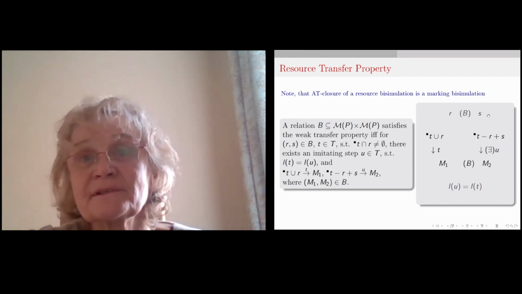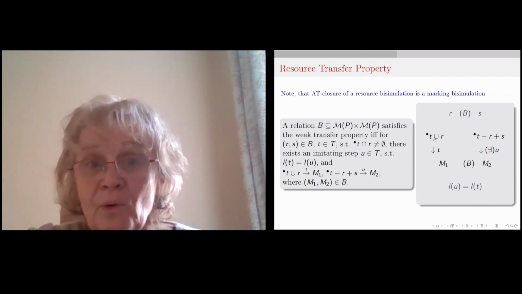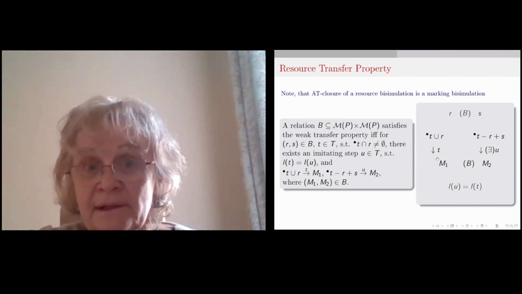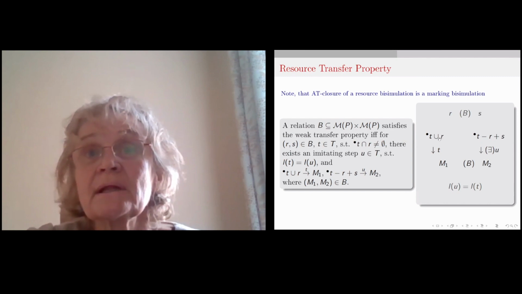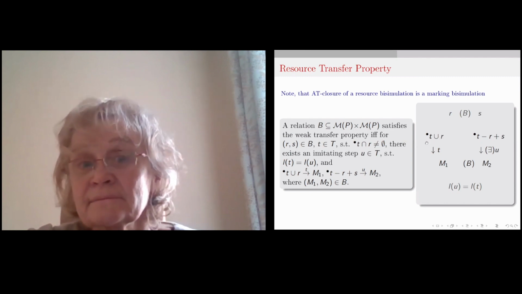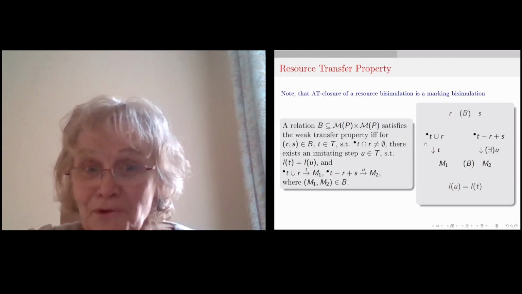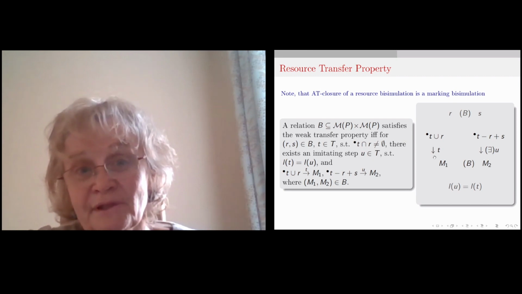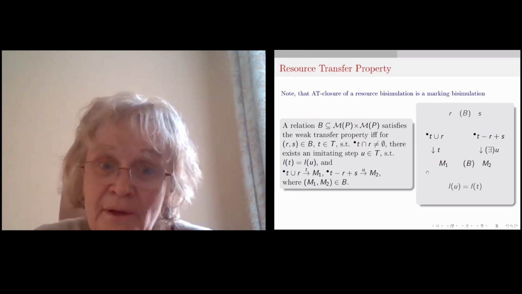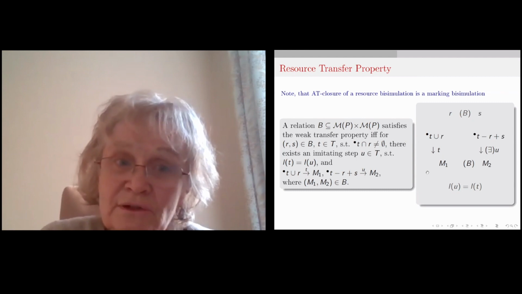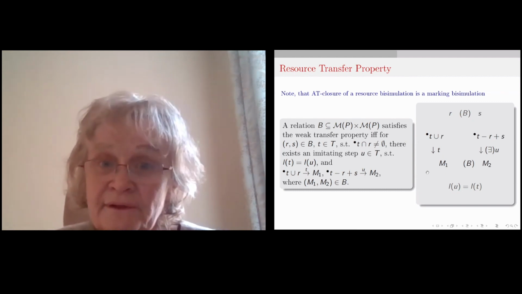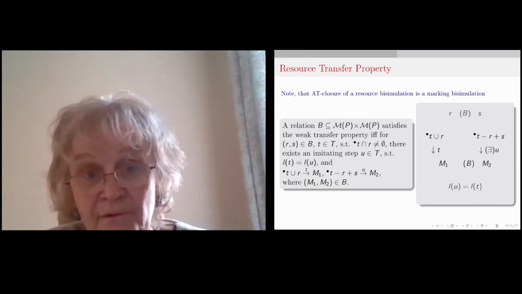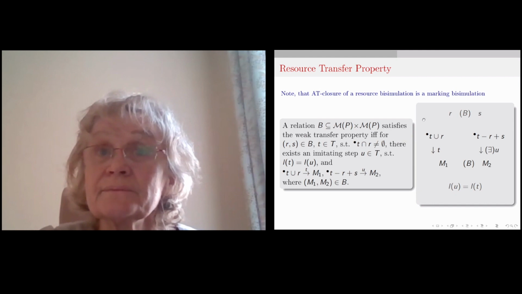So what is the difference? Here, when we have a resource and we want to fire T, an action, then we can add resources, so tokens, which we need to fire T. For any transition, we have some resource, and to fire this transition maybe we do not have enough resources, so we add what we need.